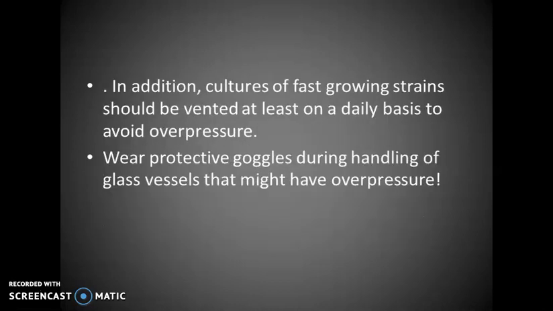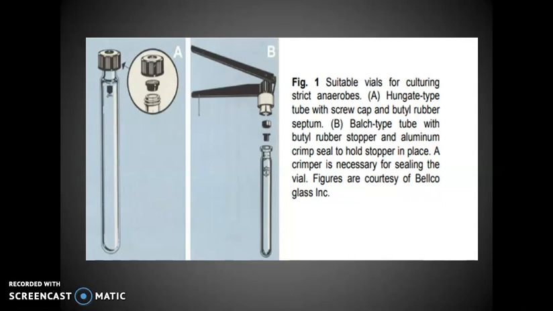In addition, the cultures of fast growing strains should be vented at least on a daily basis to avoid overpressure, and protective goggles should be worn during handling of glass vessels that might have overpressure. So these are the precautions to be taken.